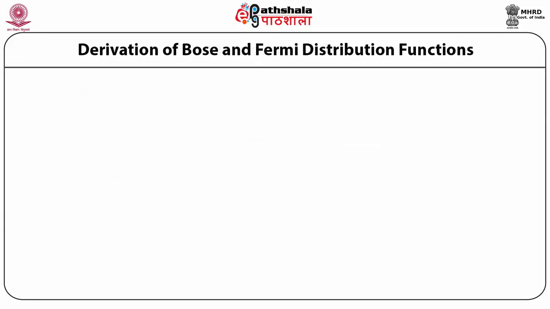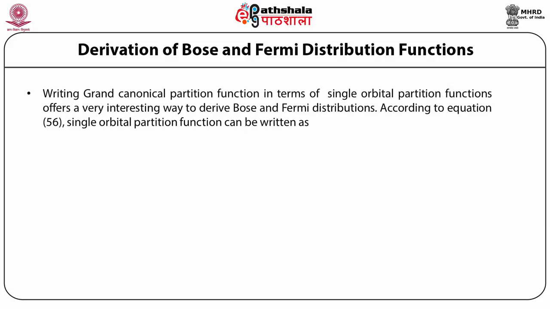Derivation of Bose and Fermi distribution functions. Writing grand canonical partition function in terms of single orbital partition functions offers a very interesting way to derive Bose and Fermi distributions. According to equation 56, single orbital partition function can be written as Z1 is equal to summation over nr of fugacity times e raised to power minus er upon kBT whole raised to power nr.